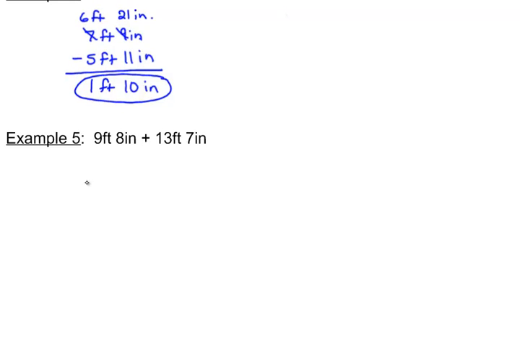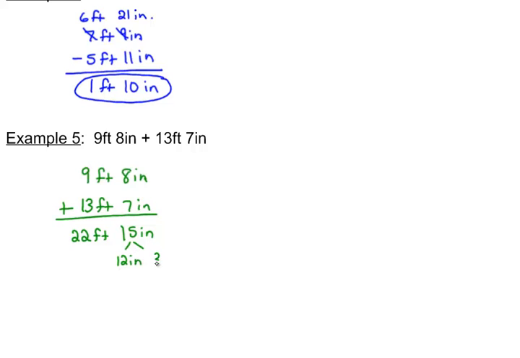Example 5, same idea. Now we're going to add 9 feet 8 inches plus 13 feet 7 inches. So here we have 15 inches and here we have 22 feet. But I can break that 15 up into 12 inches and 3 inches.